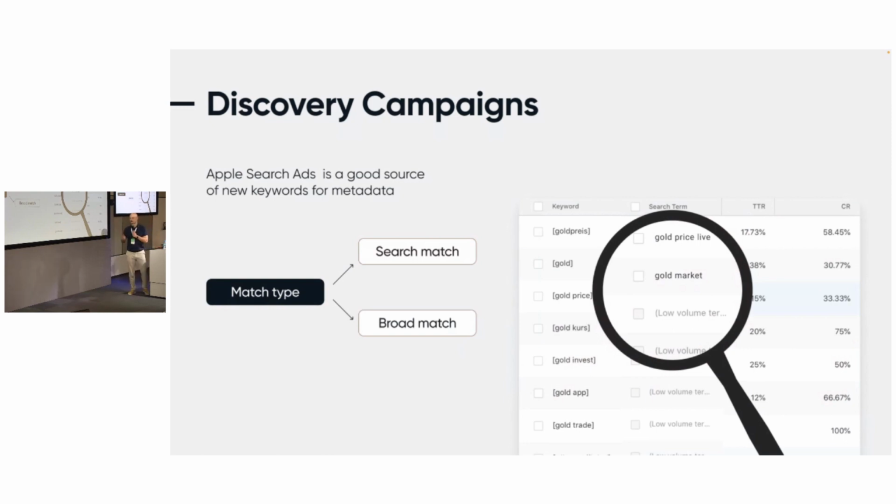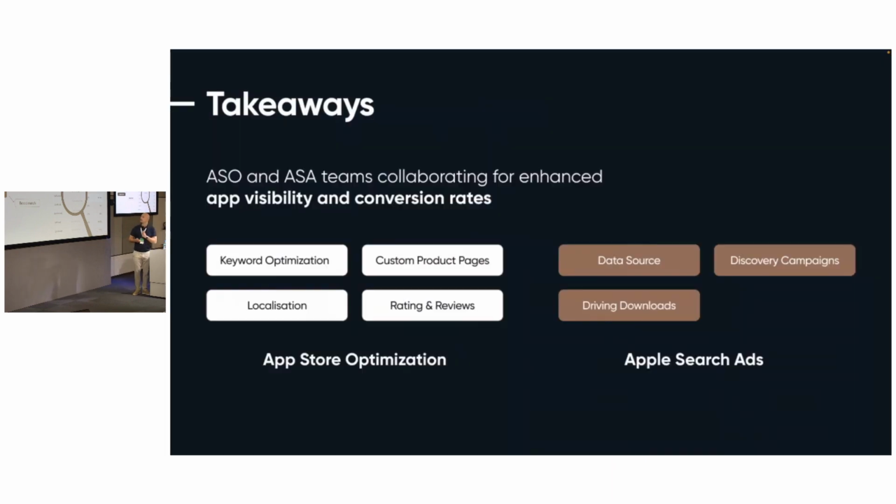I'm sure that you know how to run these discovery campaigns, but here I shared that you should use match types like search match and broad match to run discovery campaigns.